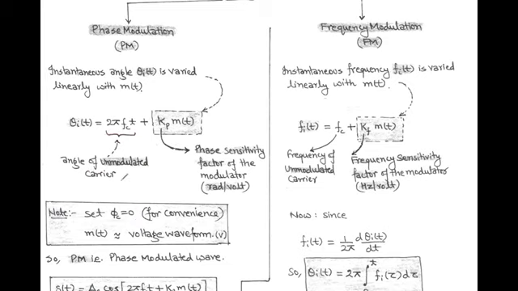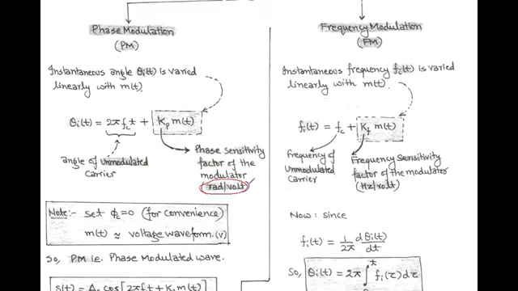After phase modulation, and according to the definition, the instantaneous angle, that is theta i as a function of t, is varied linearly with the message signal. That is denoted by Kp into m(t), where Kp is a proportionality constant called the phase sensitivity factor of the modulator, and it is measured in radian per volt.